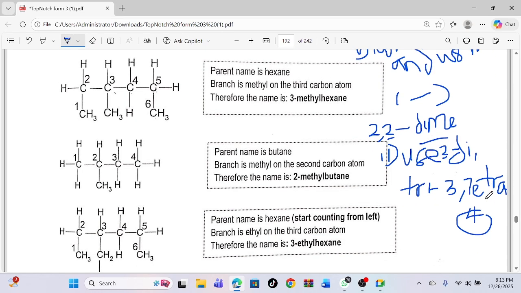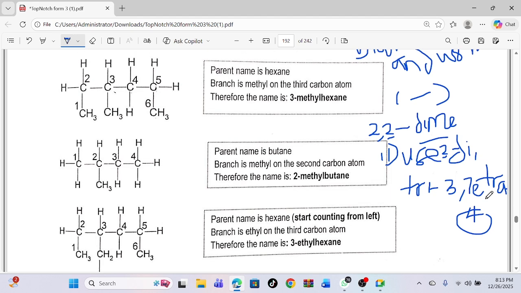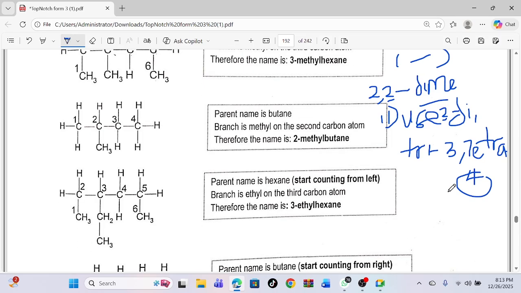So NB number two says that if you have the same element more than once in the same compound, if you come up on mbili, use di for two, use tri for three, use tetra for four.